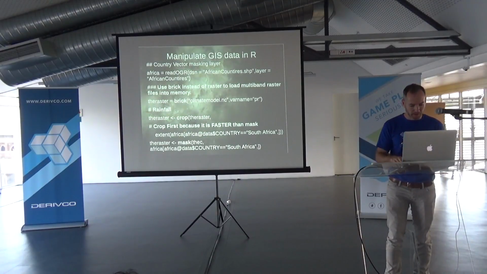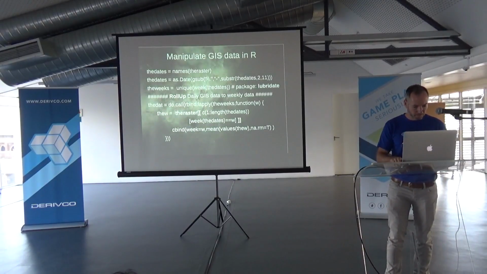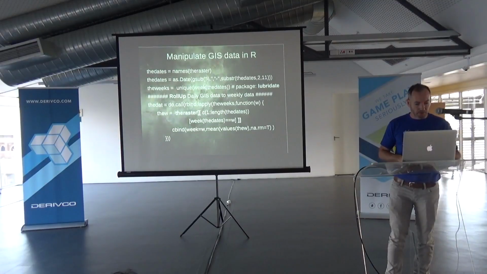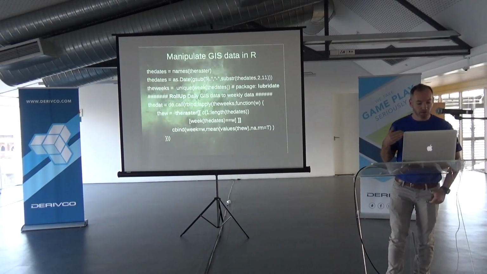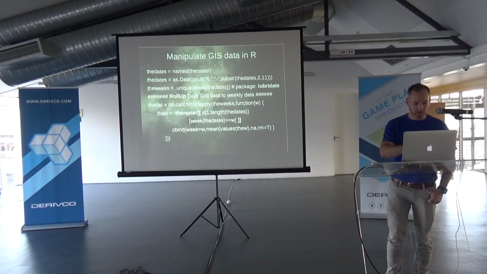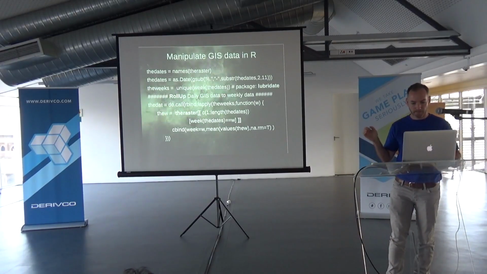And then basically what I'm showing here is just calling lapply, using the lubridate package to figure out, I want to roll this up to weekly data. It is daily raster data currently. I wanted to roll it up to weekly data, and I just lapply through all the weeks of the year, and then use the double brackets, like you would access a list element.